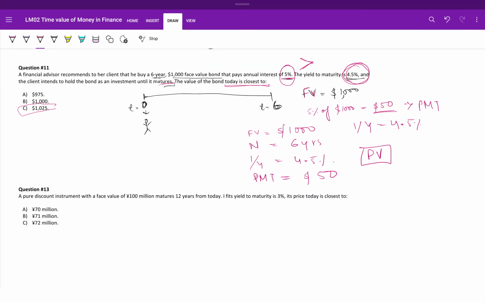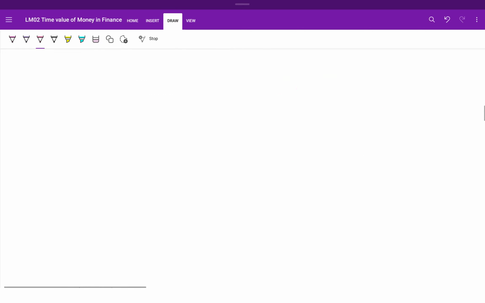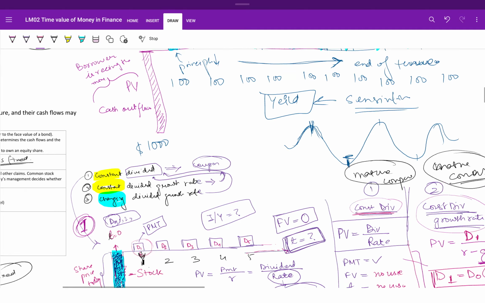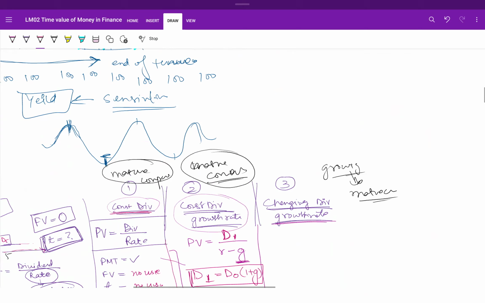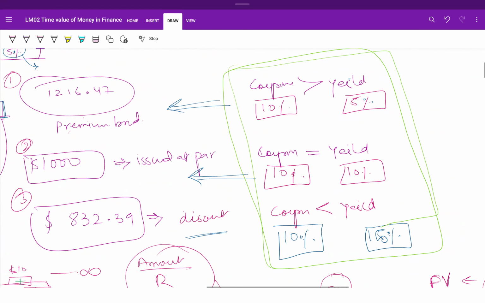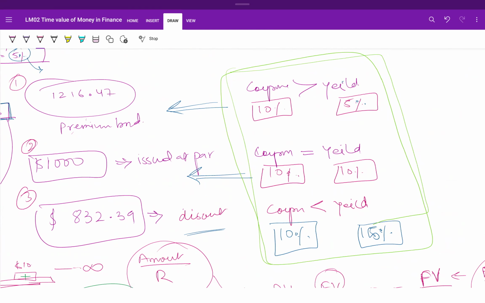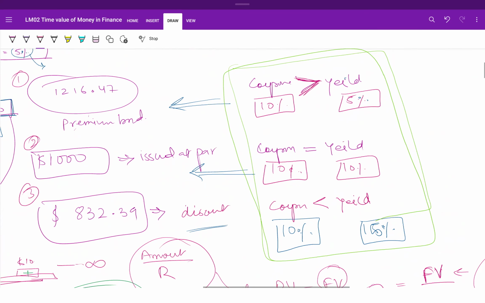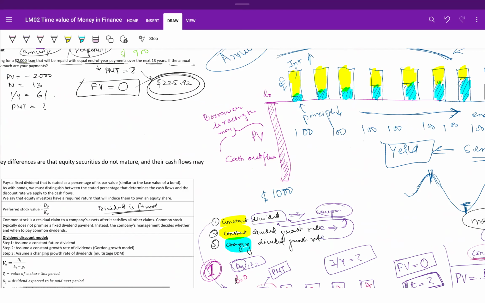So this actually tells us something that we discussed previously. Here the coupon payment is actually greater than the yield. So this is an indicator that the bond is going to be sold at a premium, or traded at a premium.